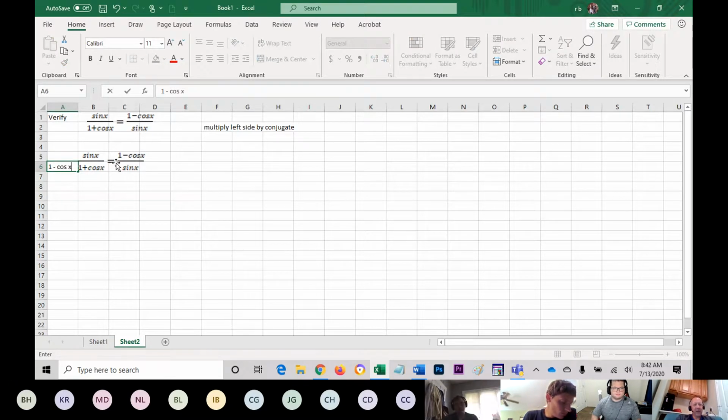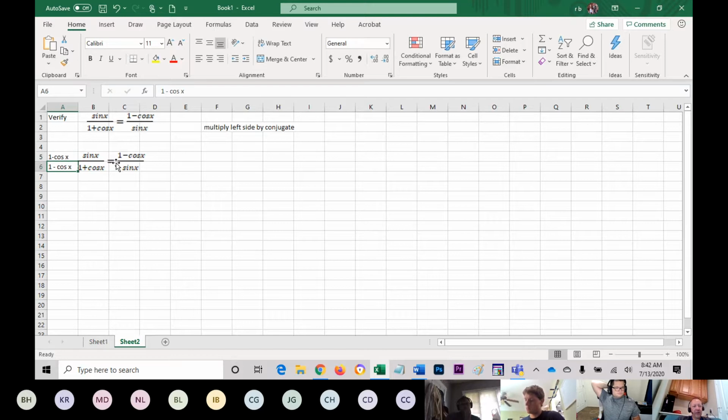So 1 minus the cosine of x, times, and then we're going to do the same thing on top, 1 minus the cosine of x. So we're going to multiply the left side by the conjugate. If you have an add, it's going to be a subtract. If you have a subtract, it's going to be an add.